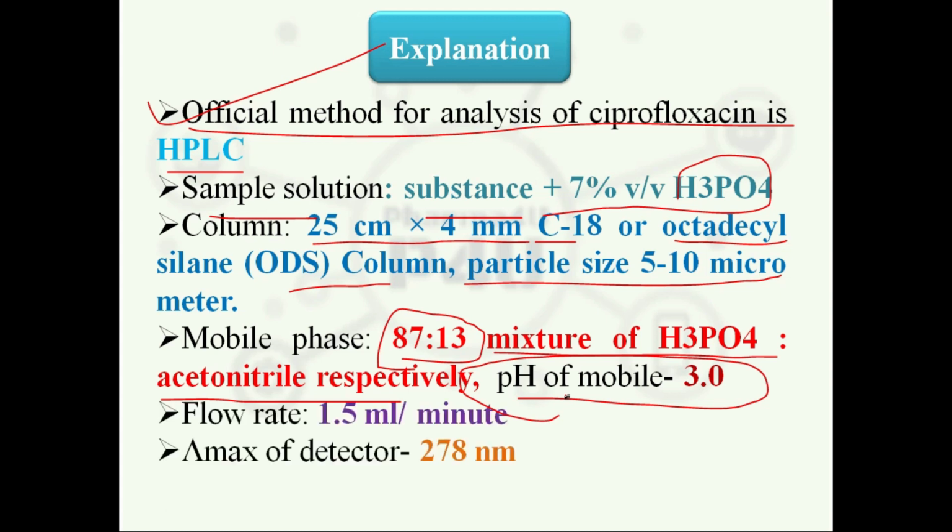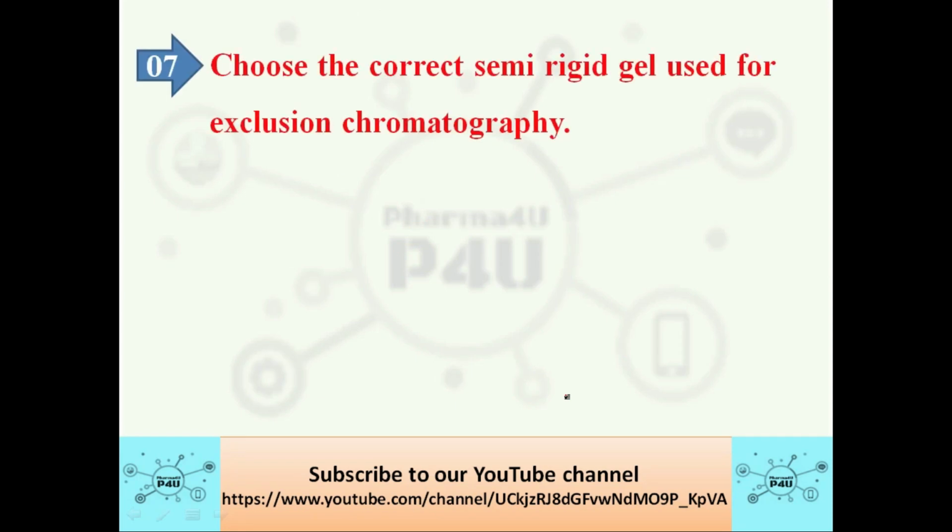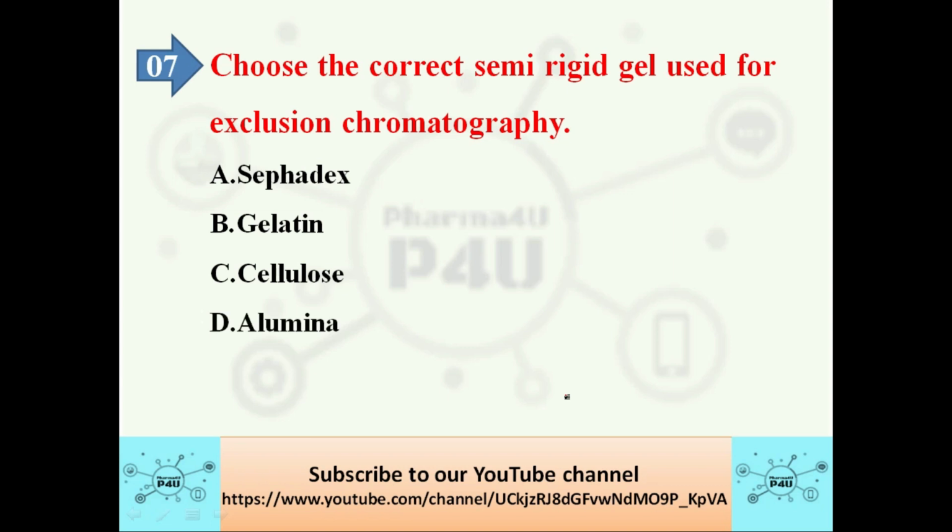And moving on, the next question is: choose the correct semi-rigid gel used for exclusion chromatography. The options are: option A Sephadex, option B gelatin, option C cellulose, or option D alumina. So which is the correct semi-rigid gel used for exclusion chromatography?